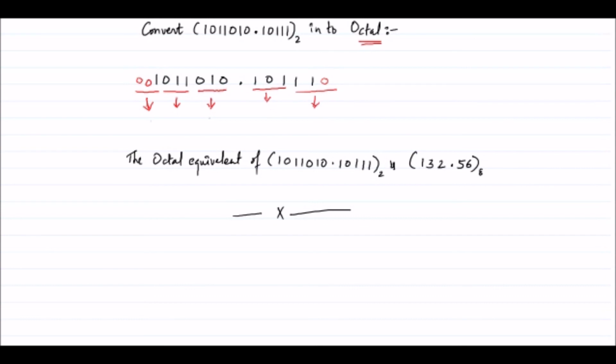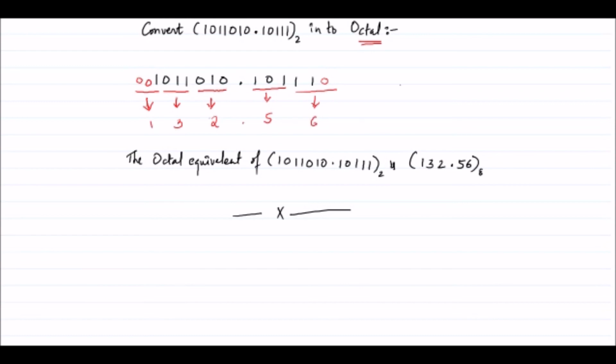So if I represent these binary numbers with octadecimal values, 001 is 1, 011 is 3, 010 is 2, 101 is 5, and 110 is 6.